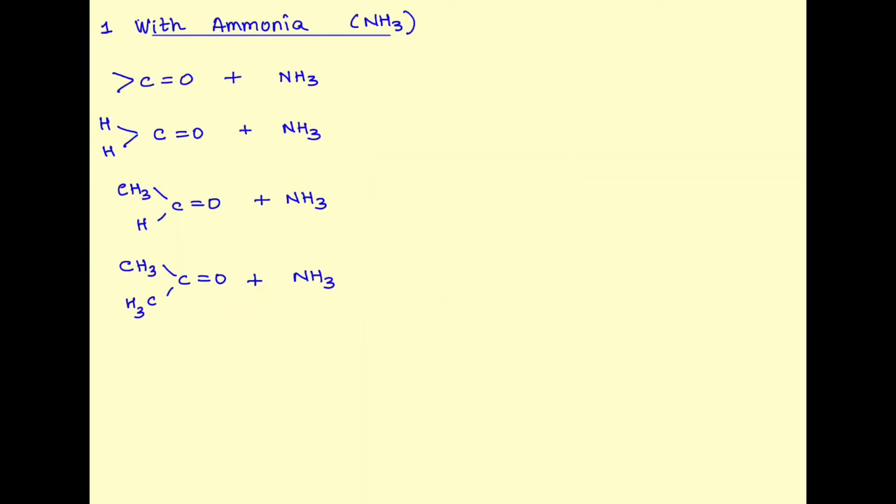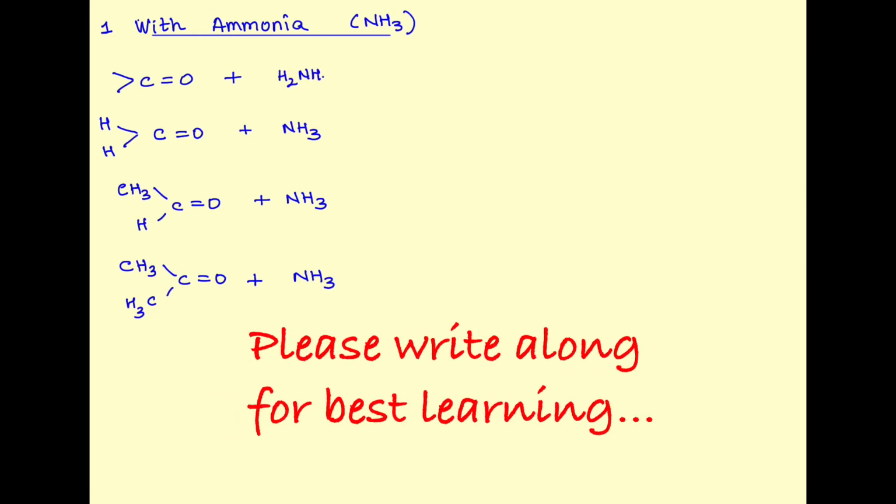So let's get started. First is reaction with ammonia. I'm going to write the general reaction, C double bond O plus NH3. So what are we going to do? We are going to switch it around and write it as H2NH. Go ahead, write the products.